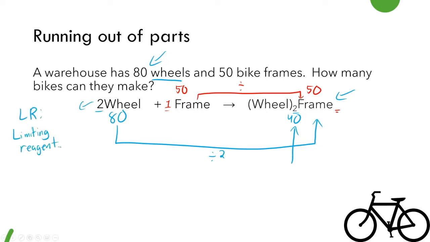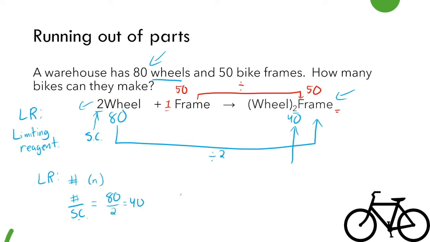I'd like to take a step back for a moment and formalize how we did this. To find out what is the limiting reagent, you take the number, or the moles, and you divide that by the stoichiometric coefficient. Remember, the stoichiometric coefficient is the fancy name for the number in front of the species. So for wheels here, that would be 80 divided by 2 equals 40.